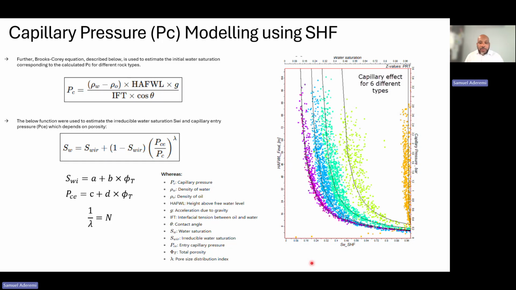And the higher quality rock would drain more efficiently and retain less water. Unlike if you look at the capillary pressure here, this is a very tight formation with very high interfacial tension or capillary pressure, and also very high irreducible water saturation.